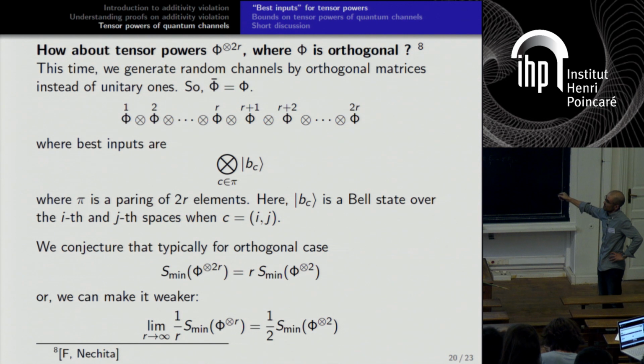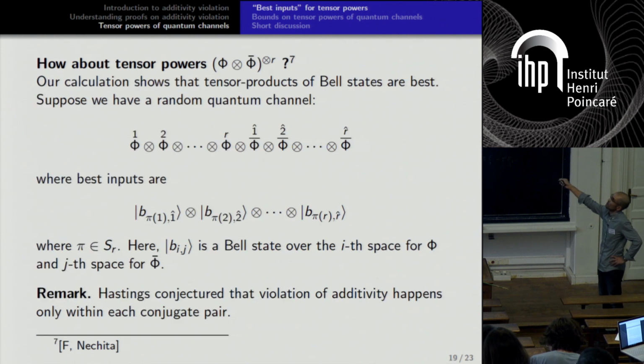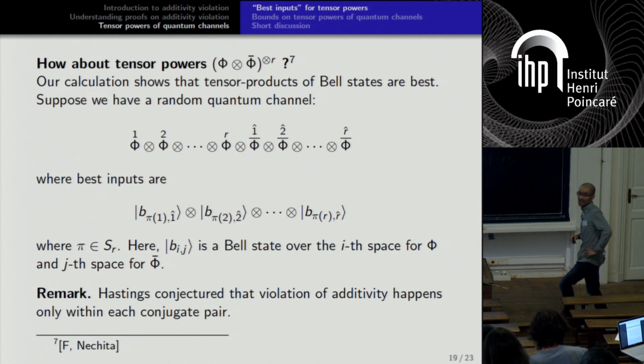And more weakly, maybe this is true after regularization, the additivity violation only happens for pairs here. This is the motivation of this research, because previously we have phi tensor phi bar, but this does not give any insight for the regularized quantity.